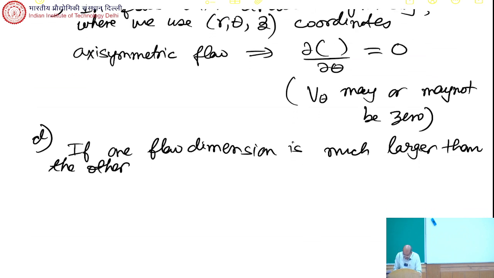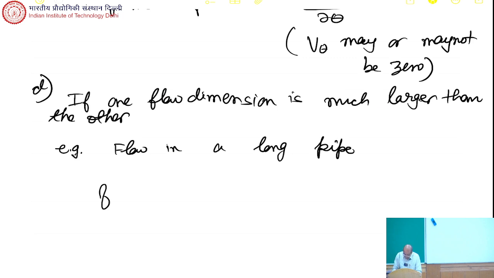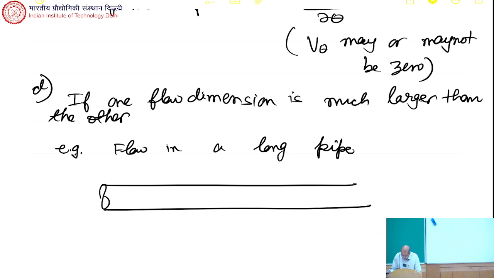Let me first give an example. Flow in a long pipe. Let's assume fluid flow through a long straight pipe.